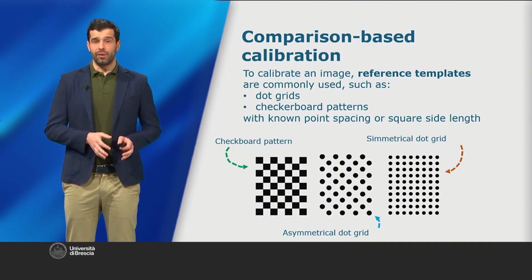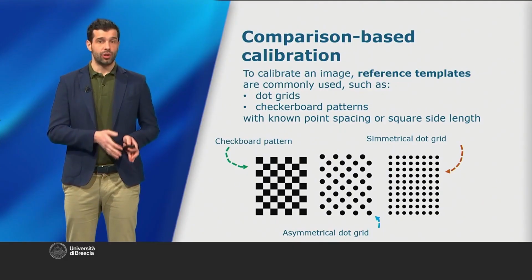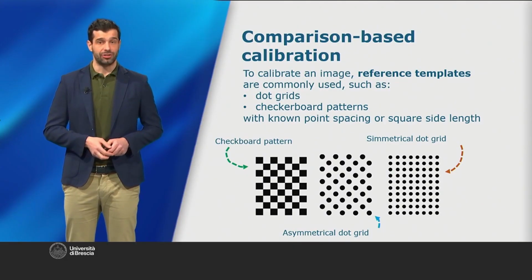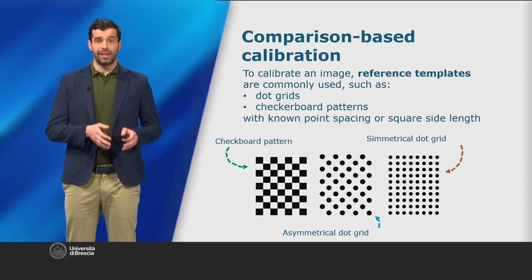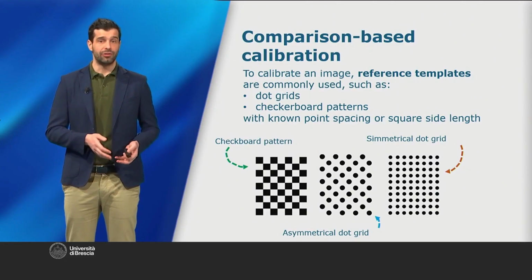In this case, though, the comparison is made with known objects, meaning objects with known dimensions and known characteristics. These objects are called calibration templates and are represented, for example, by grids of dots or checkerboards. Since calibration templates are completely known, they allow us to determine the millimeter to pixel ratio, thus let us calibrate the camera.